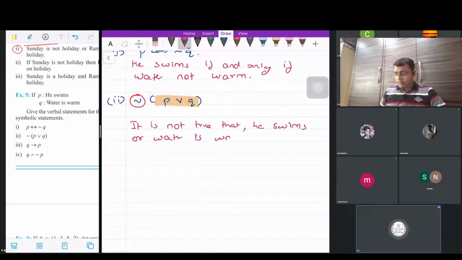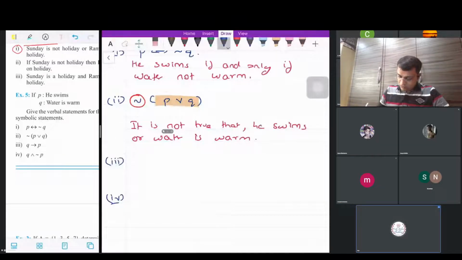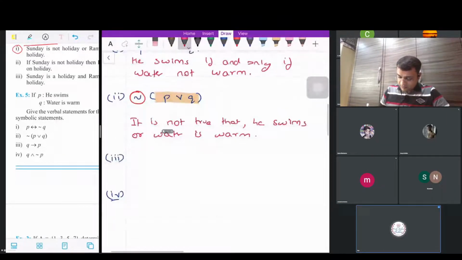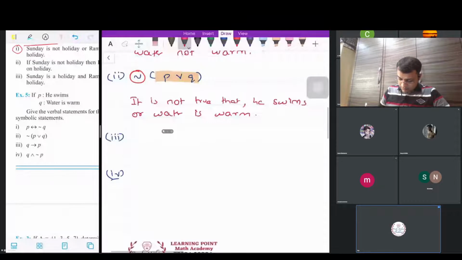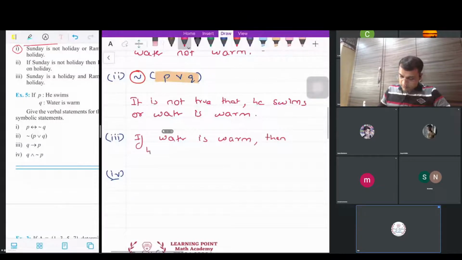Chalo, in the same way, I want you guys to try the third and the fourth one quickly. Yes, that is correct. If water is warm, then he swims. What about the last?